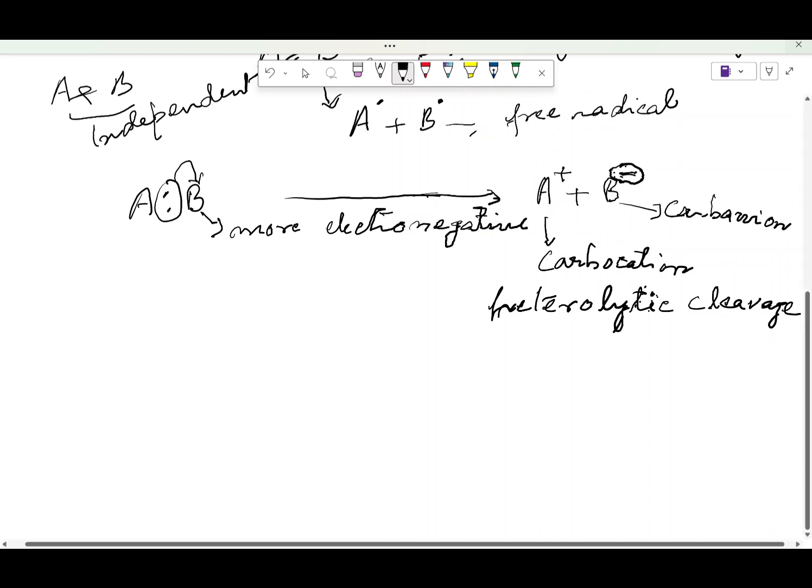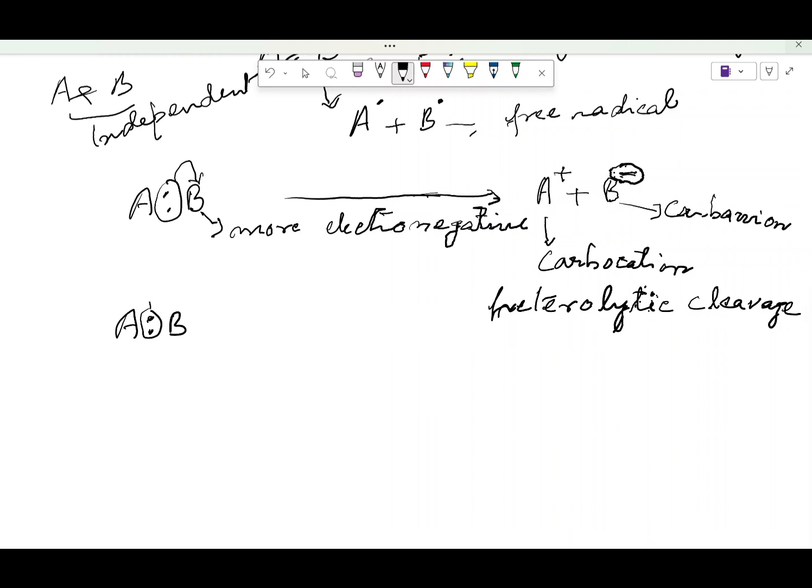Now, this can be either this way or that way. Therefore, A with a negative charge and B with a positive one. Depending upon the nature of A or B, it will generate the carbocation or the carbanion, and that's why it is called heterolysis or heterolytic cleavage.